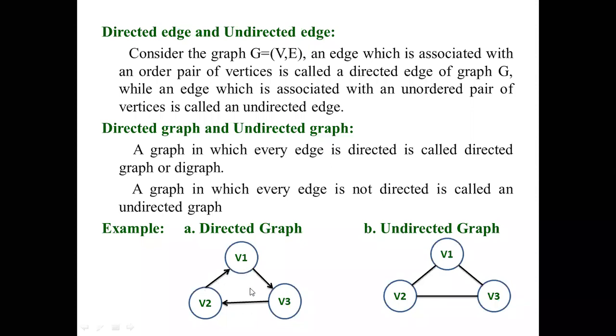This graph is called a directed graph. This one is an undirected graph, as there is no direction for the edges.